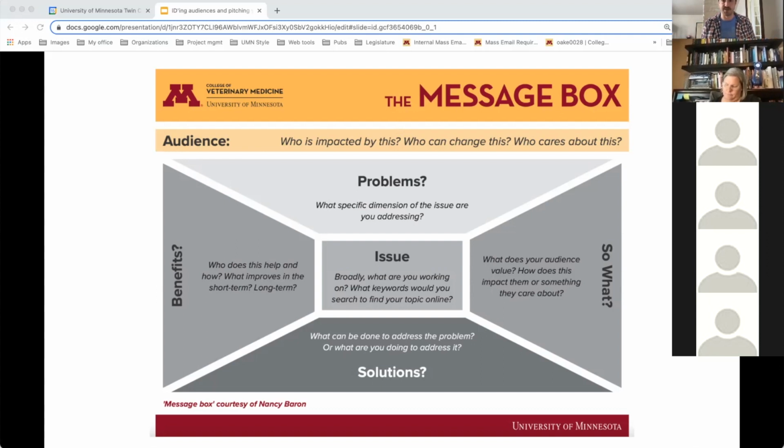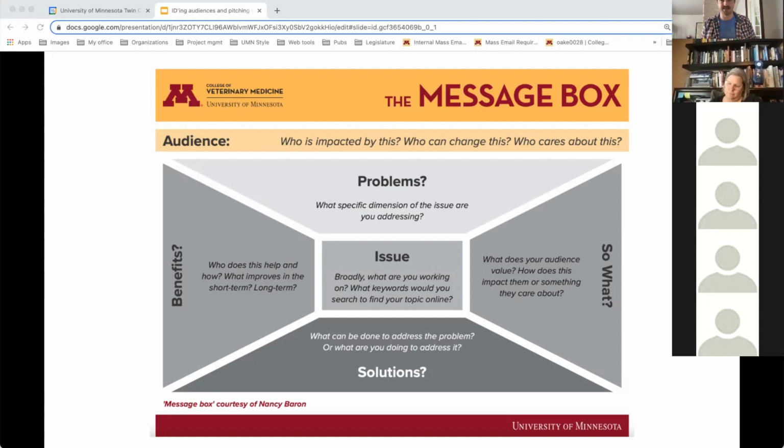So what, which was the other common answer in the chat, that's really at the heart of the message box, even though it's off to the side. Why should your audience care? And what about your research is important for them to know? This answer could really change depending on the audience, which is one of the reasons to identify the audience ahead of time.